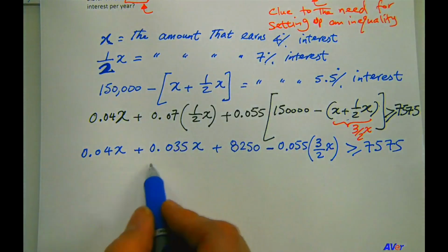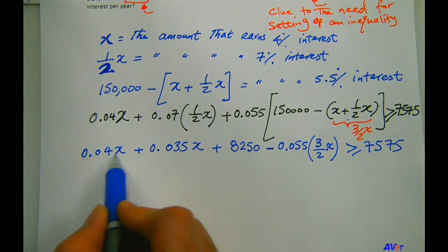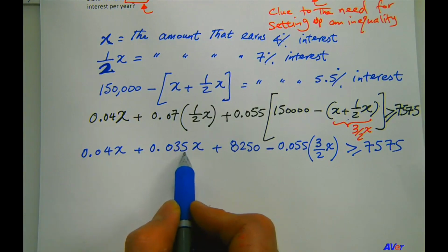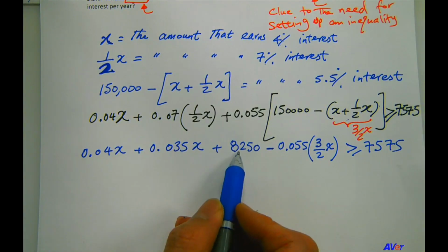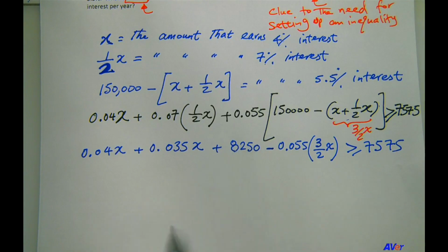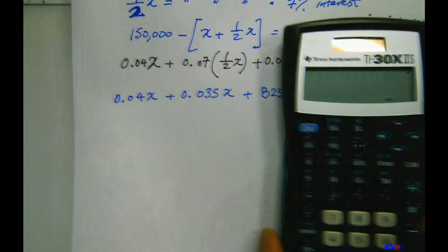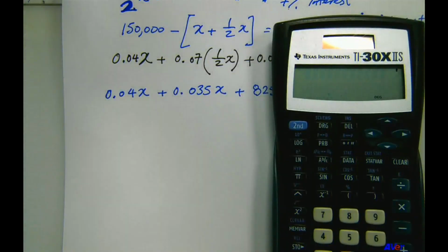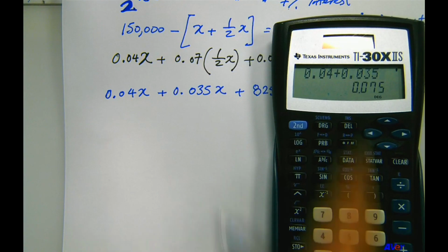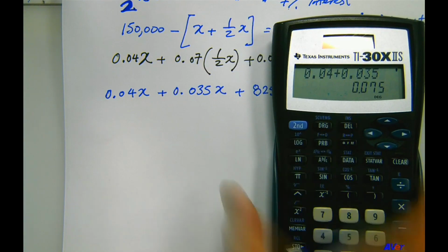Okay, so let's simplify this a little more. 0.04x plus 0.035x. So let's do this step by step. Like that. So 0.04 plus 0.035 is 0.075x, right?